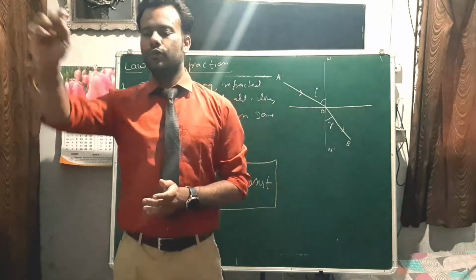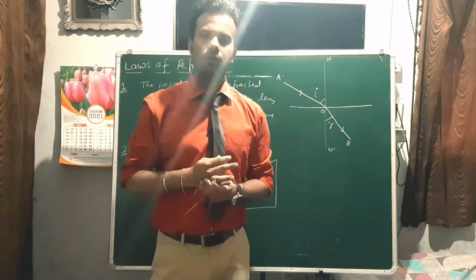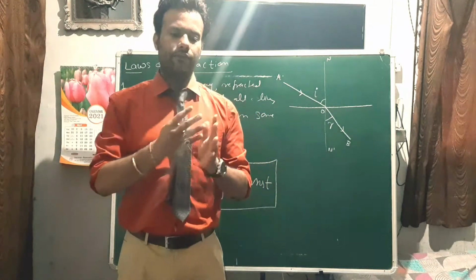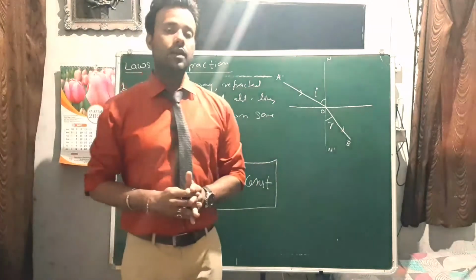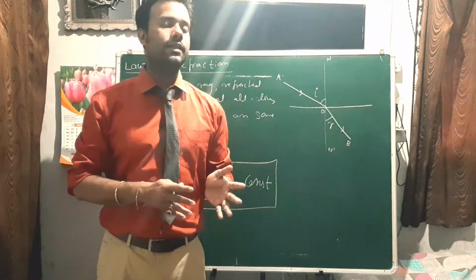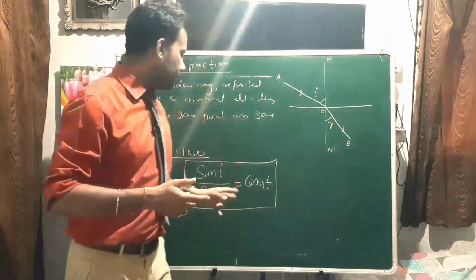Now let's suppose in the first case the light is incident on the normal at, let's say, 60 degrees, and refracted at some angle. You find the ratio in this case. Now change the angle of incidence from 60 to, let's say, 45 degrees. Find the angle of refraction and again find the ratio.